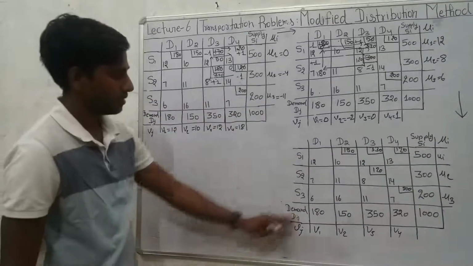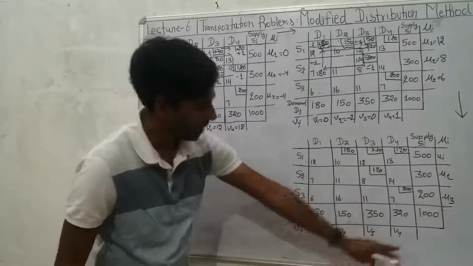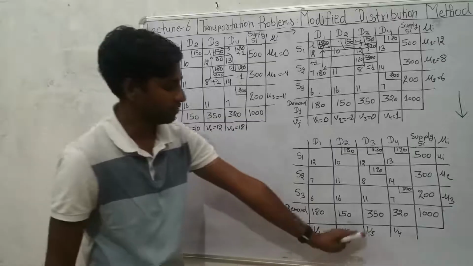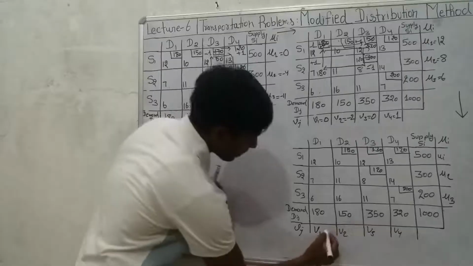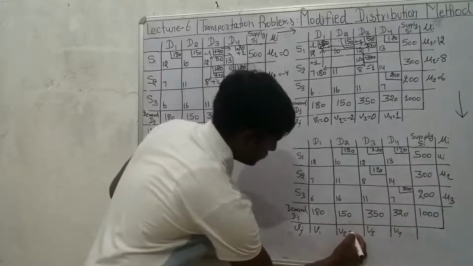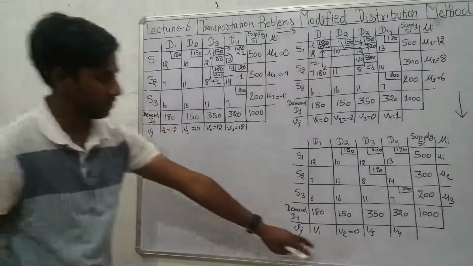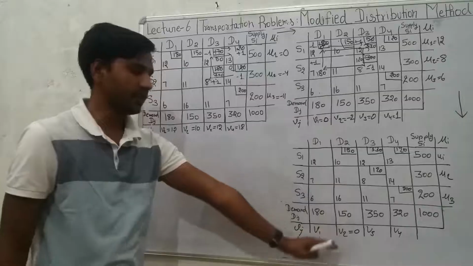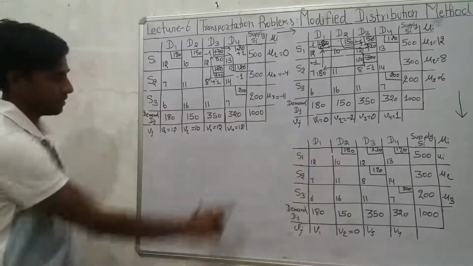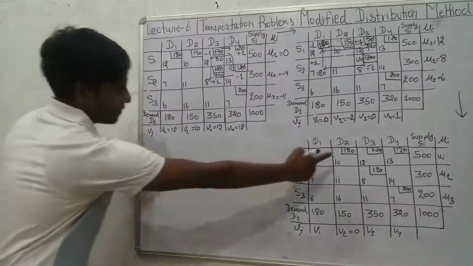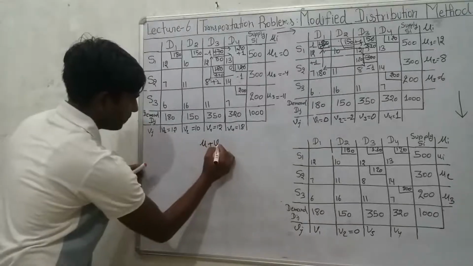The same process: allocate an arbitrary value to any of these variables, V1, V2, V3, V4 or U1, U2, U3. Let's suppose I'm assigning V2 equal to 0. Consider the column in which you have assigned the value, the second column, and identify the occupied cell. So this one is the occupied cell. For this particular cell, what formula should we follow?